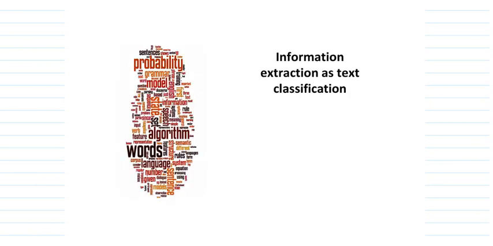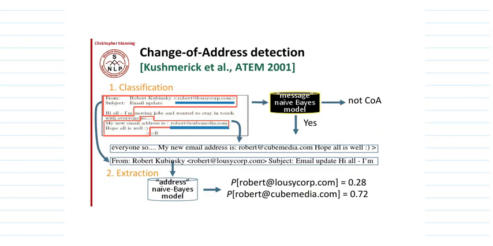So this was a small example of a machine learning task in which the change of address has to be detected. The relevant information from an email is the content of the from field, the content of the subject field, and a little bit of the starting part of the email, right?